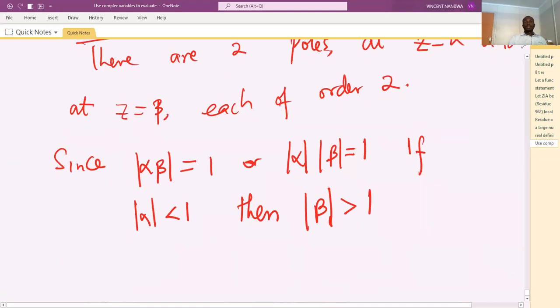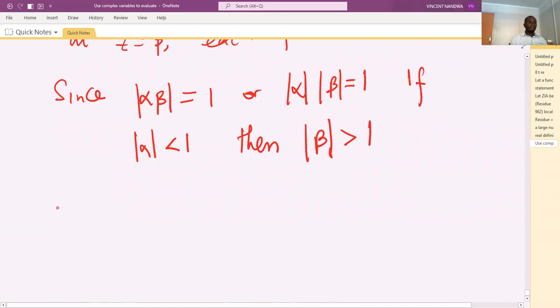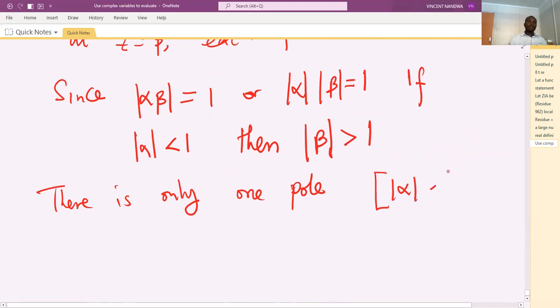Then this tells us that there's only one pole, alpha, with absolute value less than 1, of order 2, within the unit circle.